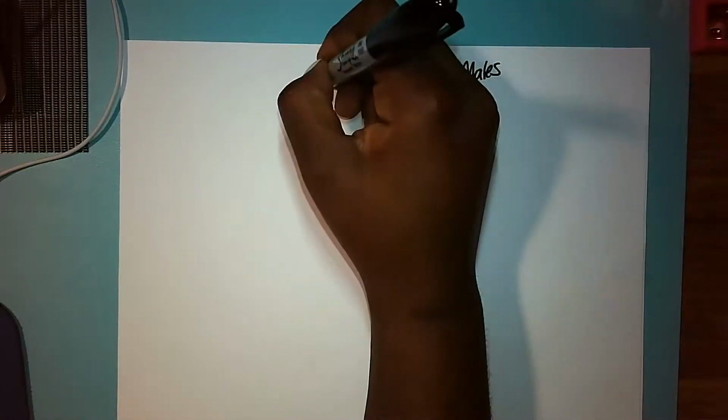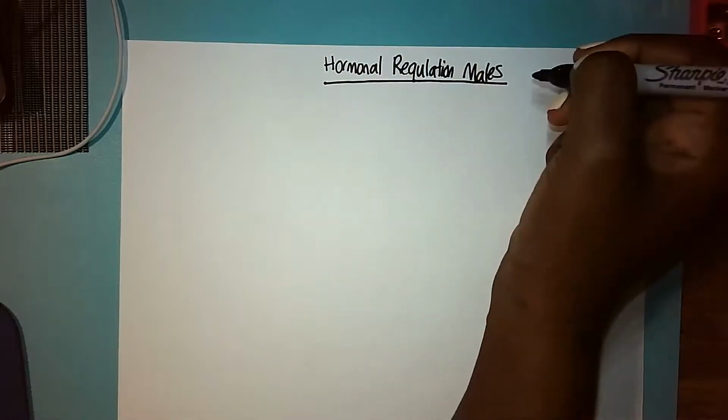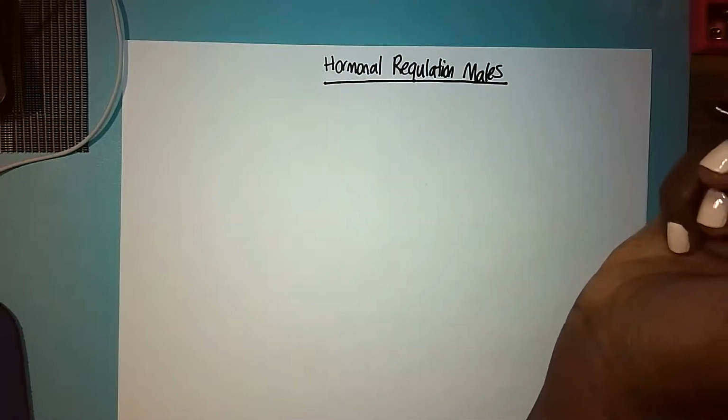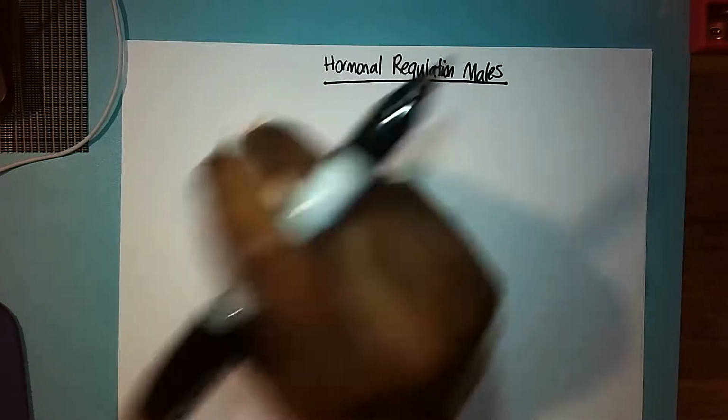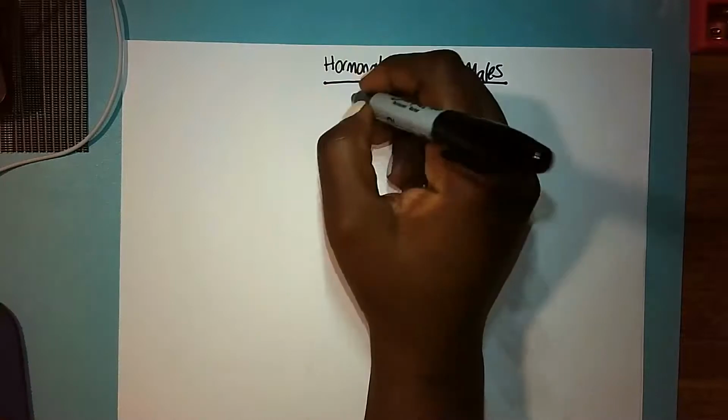And I want you to bear in mind that the endocrine system is a really integral part of this hormonal regulation. Okay, so let's remind ourselves of the hypothalamus, of the pituitary gland, right? We have the anterior, posterior pituitary, and the testes themselves. That is the hypothalamo-pituitary axis that controls the reproductive system. So there are certain hormones in the hypothalamus that are directing hormones in the anterior pituitary that are directing hormones from the testes, okay? So let's not forget about that axis that we described in the endocrine system.